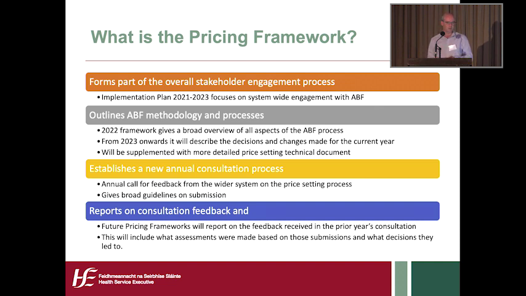It gives a short description of all of those. Going forward from 2023 onwards, this document is going to be your update document. It's going to document what changes have been made in the current year in relation to pricing. But it will also be supplemented with a more technical, detailed pricing document.